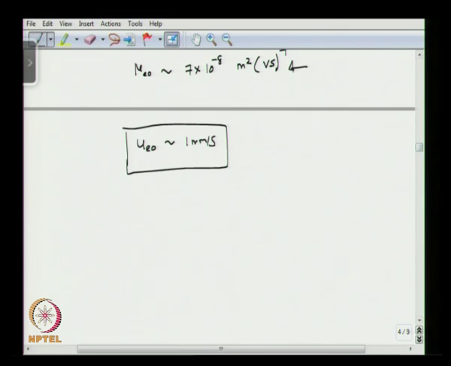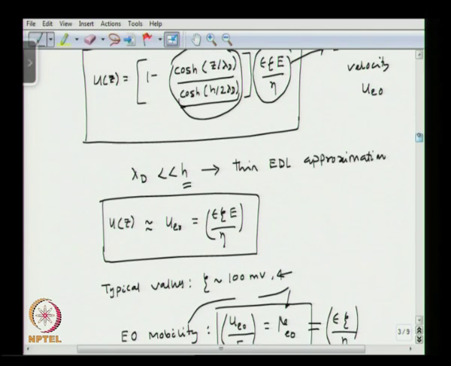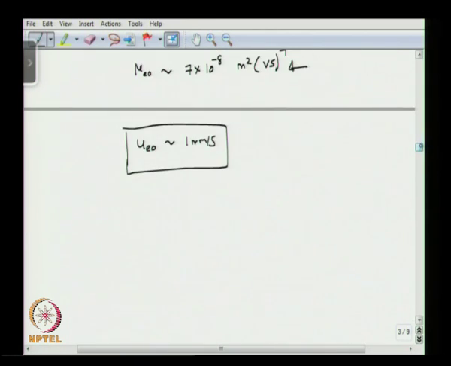Knowing the velocity profile or the ideal electroosmotic velocity, how can we calculate the flow rate? So, let us calculate the ideal electroosmotic flow rate.